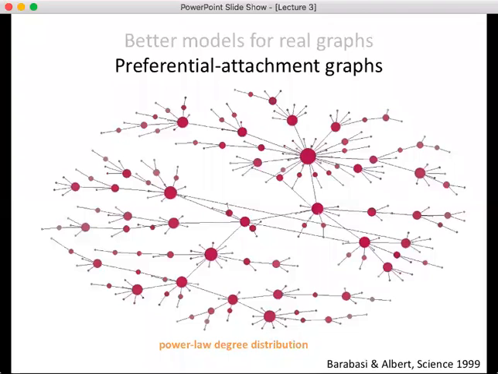Okay? On the other hand, there are some cases in which having a lot of connections is just not convenient. Think of the food web. If a species is predated by a lot of predators, it's not really convenient for a new predator to predate on that species.